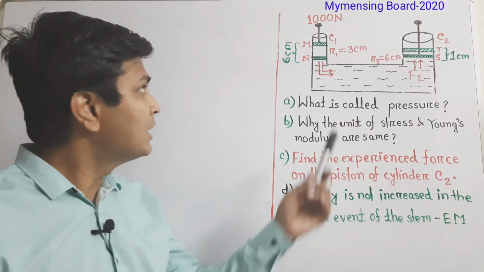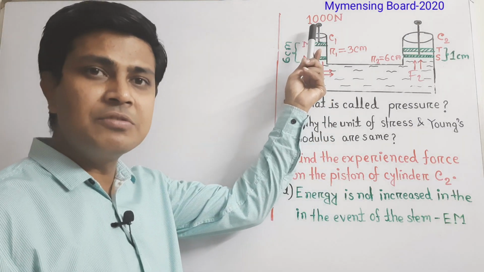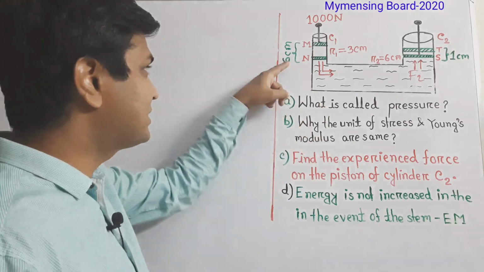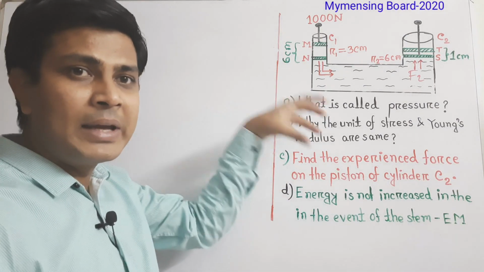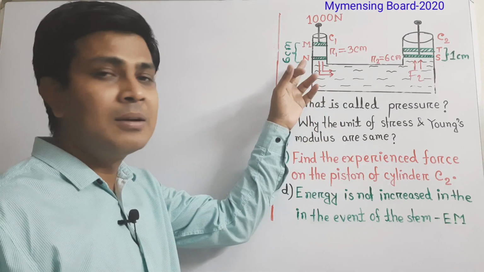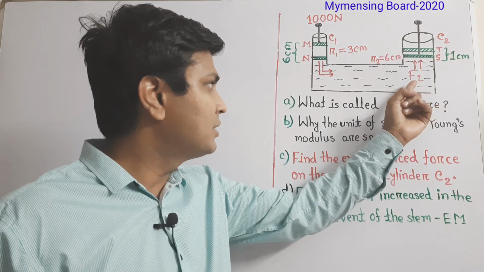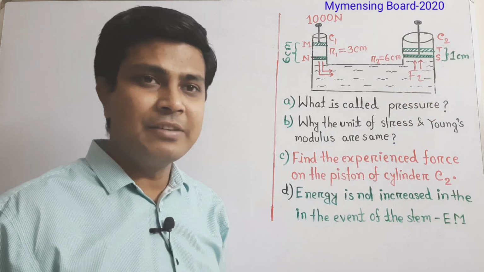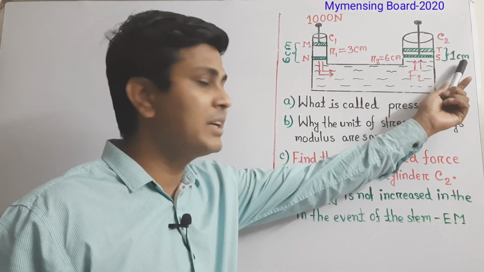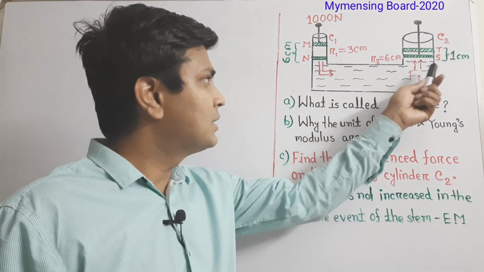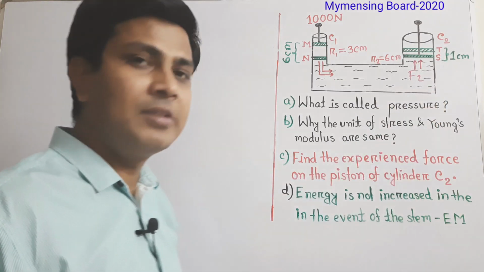Here you can see 1000 Newton force is applied on the first piston and the piston displaced 6 centimeter. So we can easily calculate the work done by the first piston. Again, here the experienced force on the second piston is F2 and the piston displaced 1 centimeter. So we can calculate the work done of the second piston.